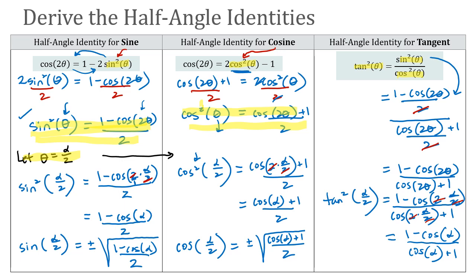That's what tangent squared of the half angle equals. If I want to find out what the tangent is of the half angle, then I simply need to square root. So I'm going to write plus or minus, and I'm going to square root all of that. And that is my half angle identity for the tangent.